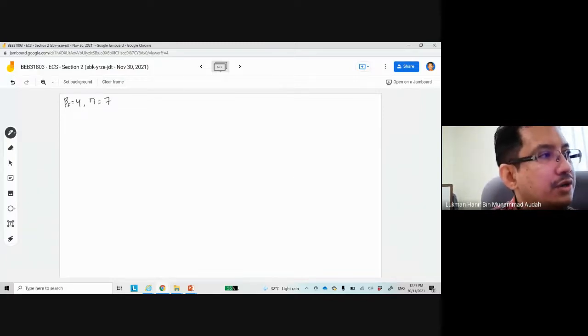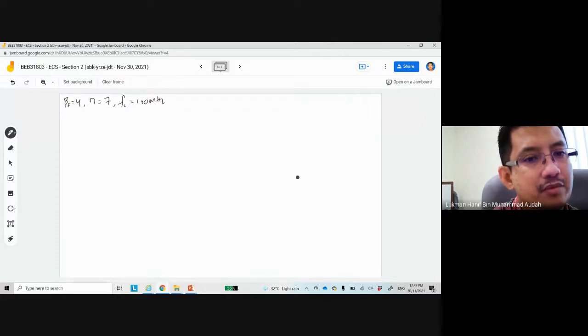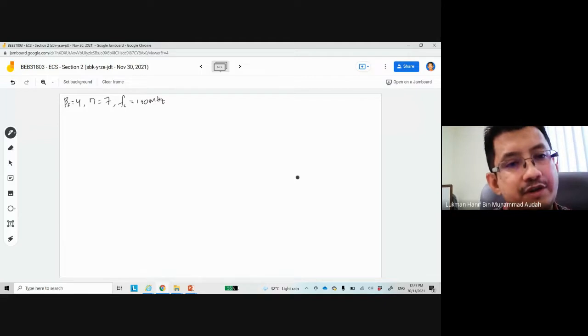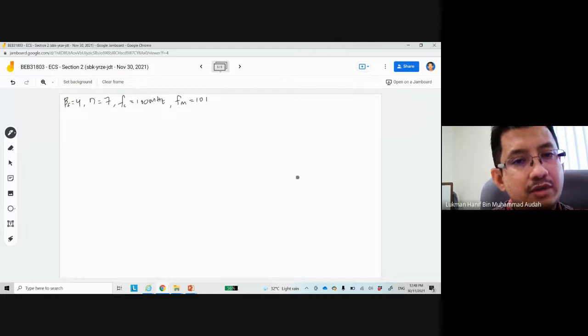And we already know kita telah tahu nilai FC which is equal to 100 mega. We already know the value of FM, which is 10 kilohertz or equal to 0.01 megahertz.